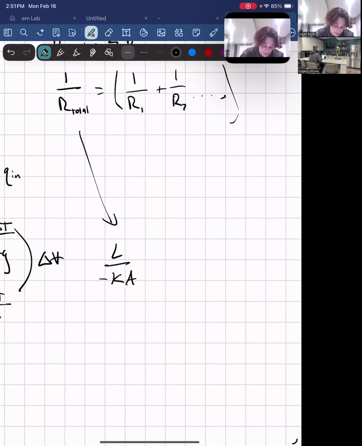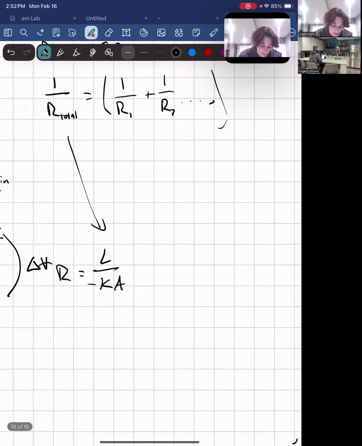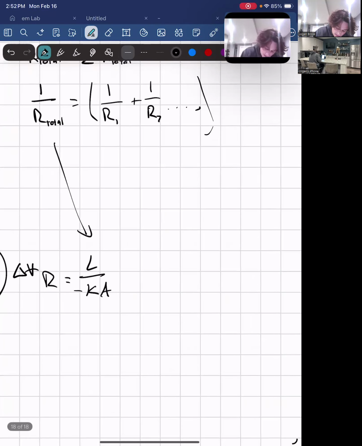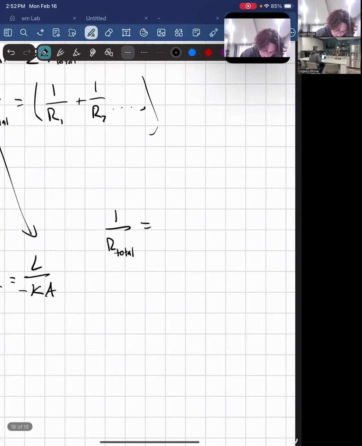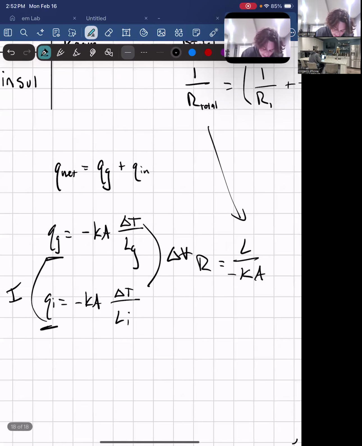So, in parallel, it is no longer just the sum of our totals. It's the sum of 1 over our total. So, if we look at this system here, we have 1 over our total equals, right? So R for our Q glass, this is length of the glass over minus kA, and this is length of the insulation over minus kA, right?